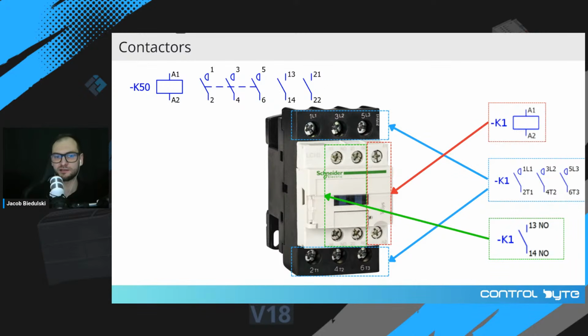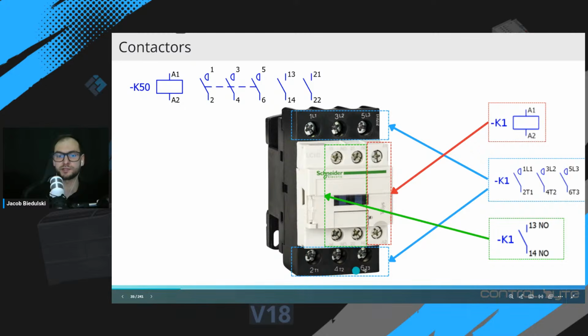Here we have the contactor. A contactor consists of a few symbols that you will find in the electrical diagram. The standard contactor consists of power contacts. Those are the contacts in the middle, with the designation 1, 2, 3, 4, 5, 6. Three of them are in the upper section of the contactor, and three of them are in the lower section.